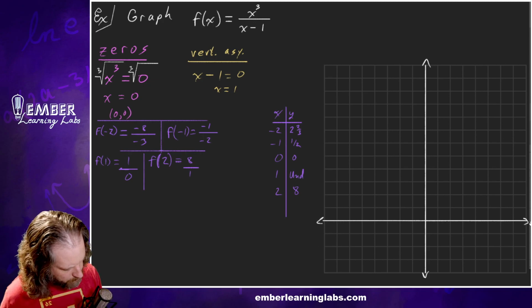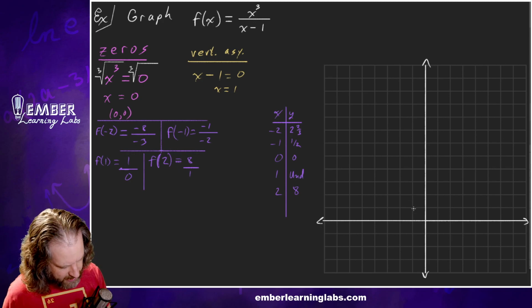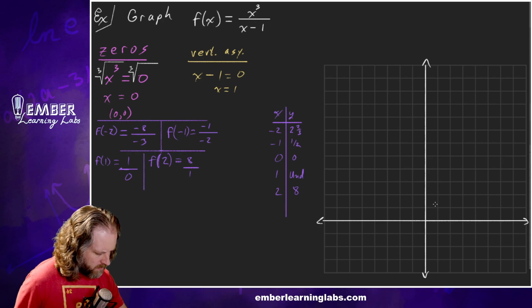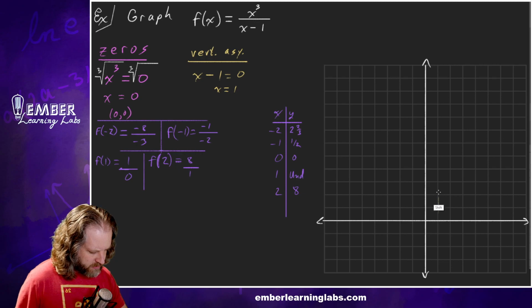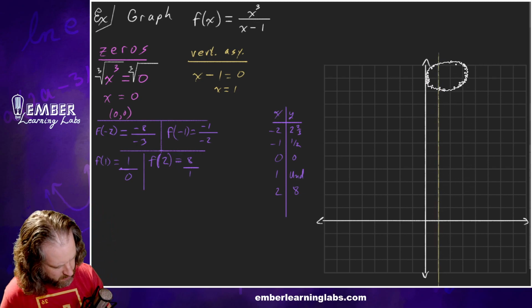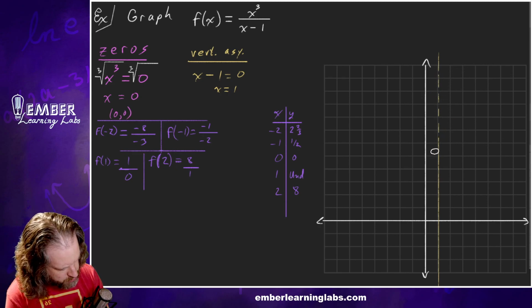So the points that we have right now are -2. Let's draw in this vertical asymptote at x equals 1. So there's a vertical asymptote right there. Make that a little smaller. So I'm going to label that in there.